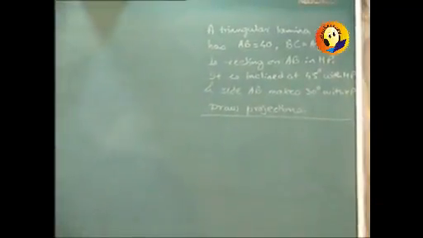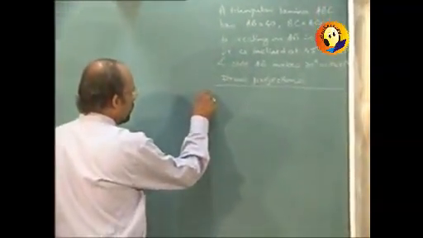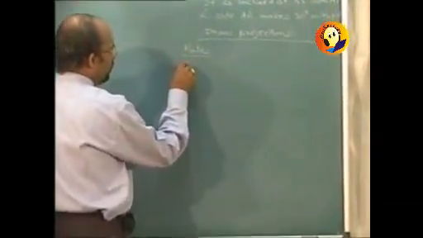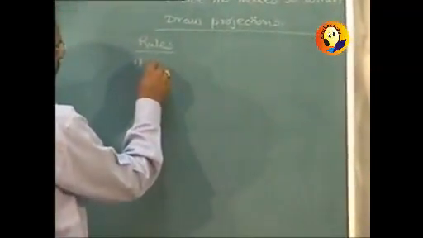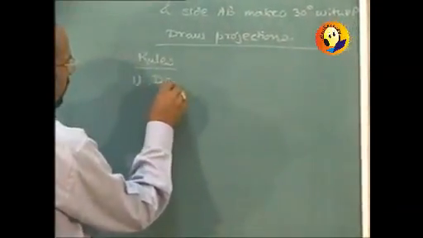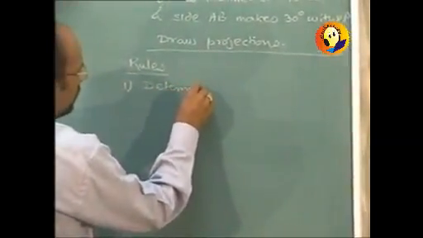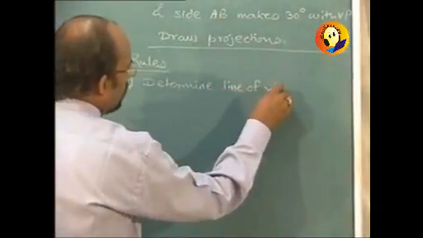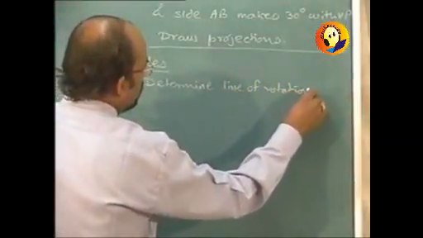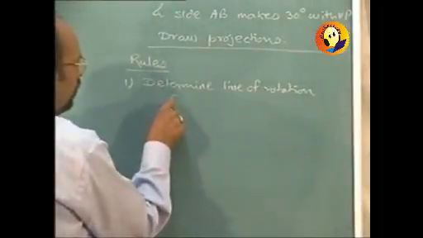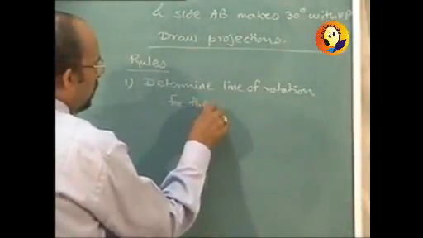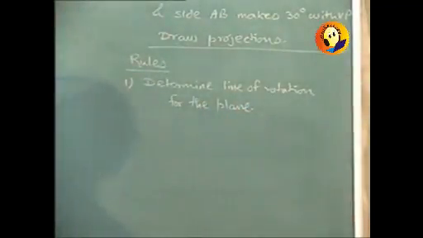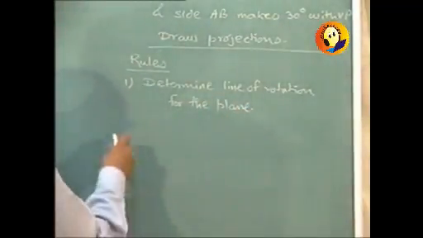Some rules which are to be remembered. First one, determine the line of rotation for the plane. That is the line about which the entire plane is rotated.